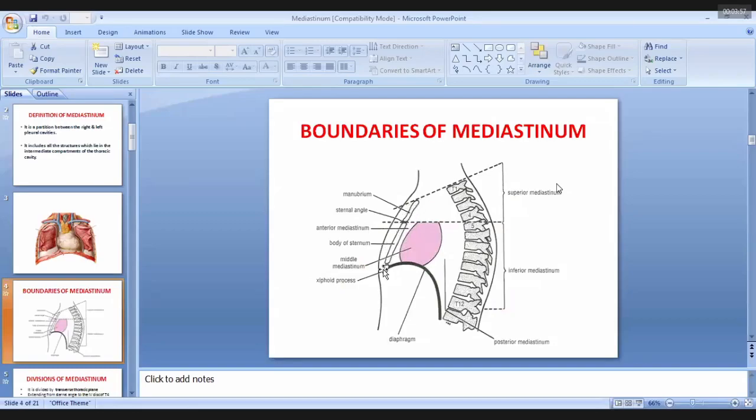Anteriorly, it is bounded by the sternum. On the posterior aspect, it is bounded by the thoracic vertebrae.